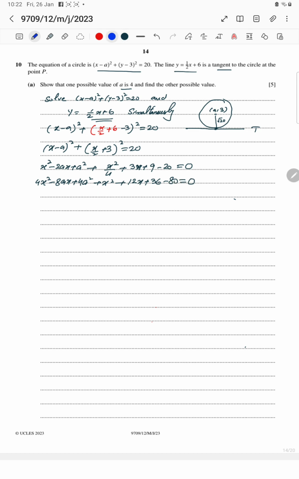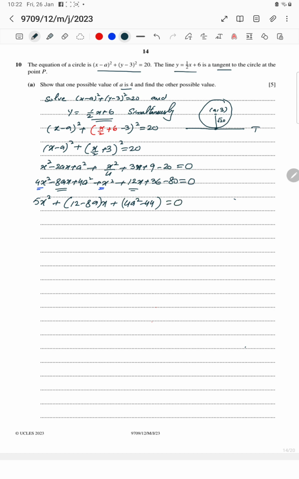So now arrange the like terms. We will get 5x square plus (12 minus 8a) times x, and the constant will give 4a square minus 44 equal to 0.